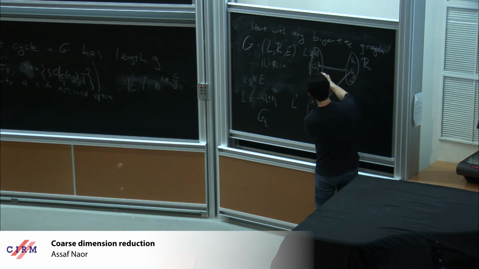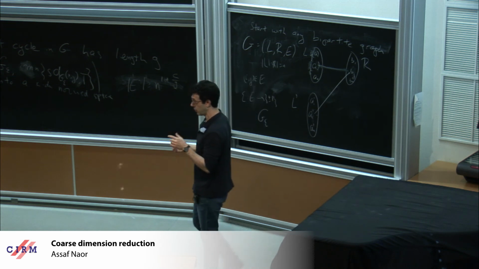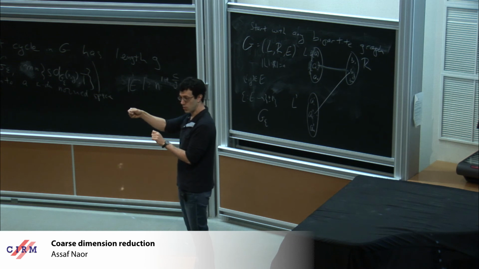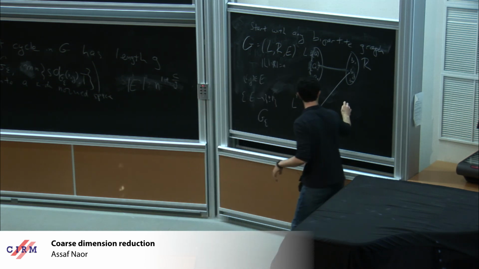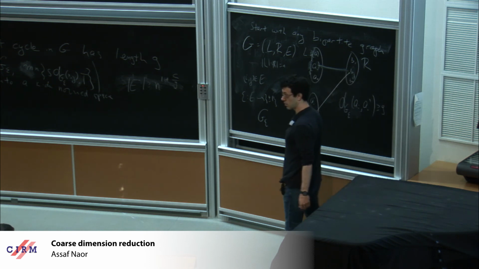It goes sometimes between the top part, the new clone vertices, etc. But I can collapse it back, and that will induce a path starting from a_i and going back. And in this construction, I never duplicate an edge. So that means that if there were a path between a_i and a_i prime, that would mean there was a cycle through a_i in the initial graph. So in this random graph, the distance between a_i and a_i prime is always at least the length of the shortest cycle.